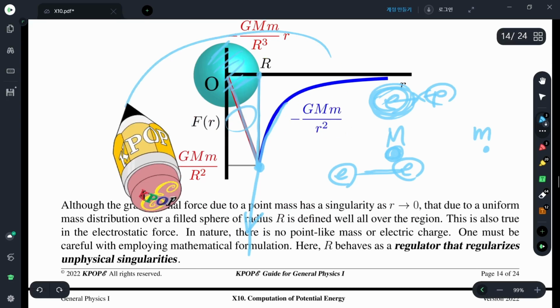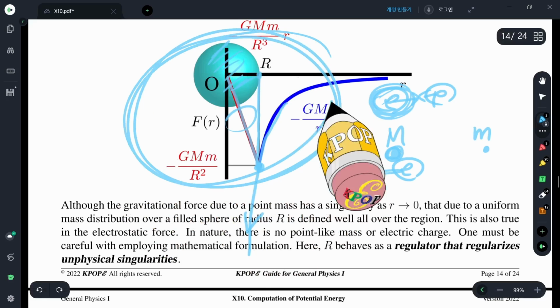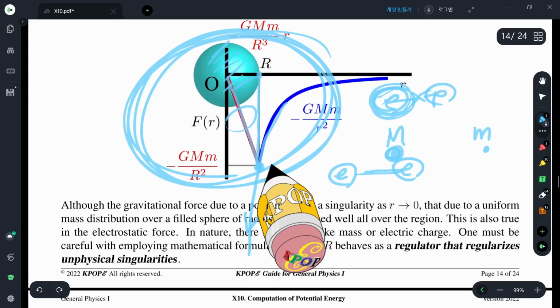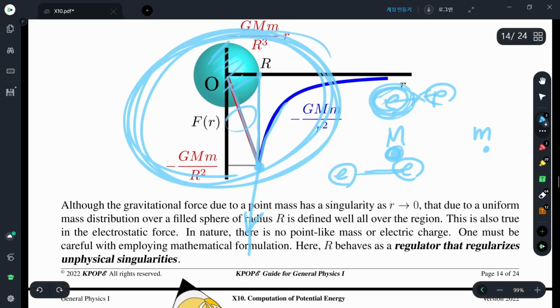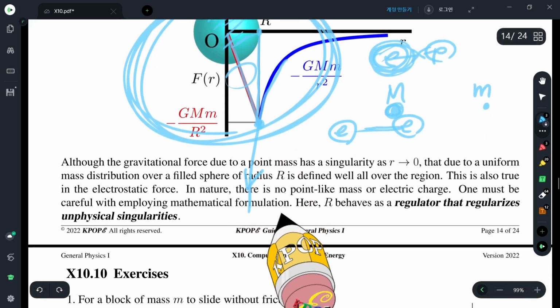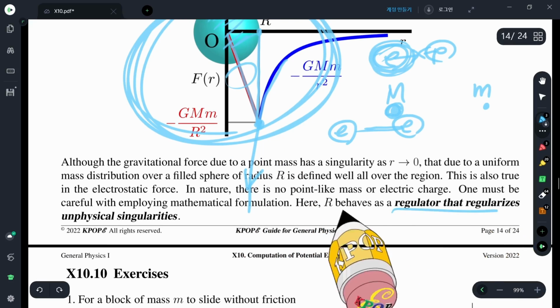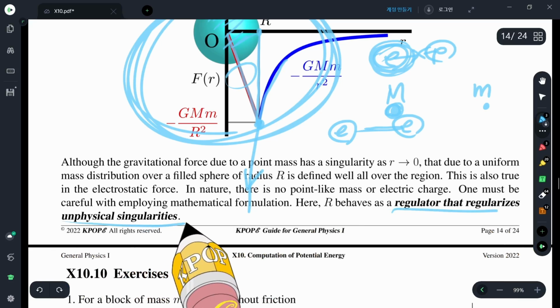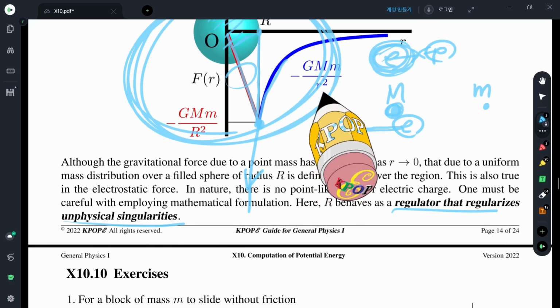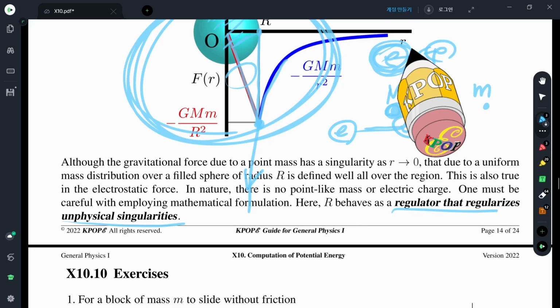This is a very nice picture of the natural cutoff of the divergence in reality. The regulator that regularizes the unphysical singularities, the Coulomb singularity and the gravitational singularity, as r goes to 0, this unpleasant infinity appears, but that does not exist at all in nature.